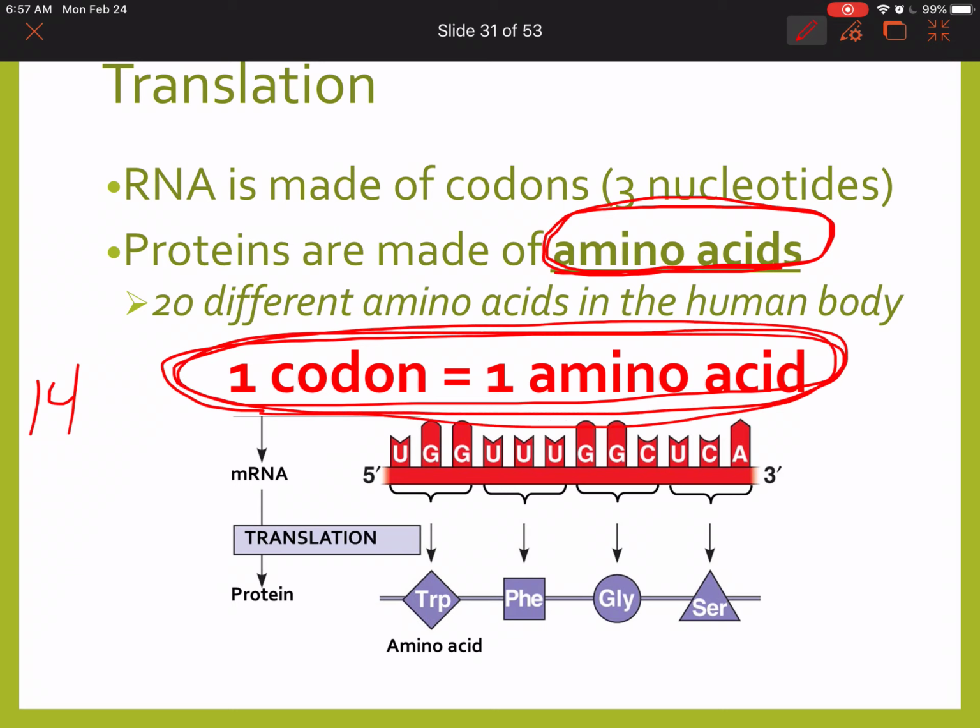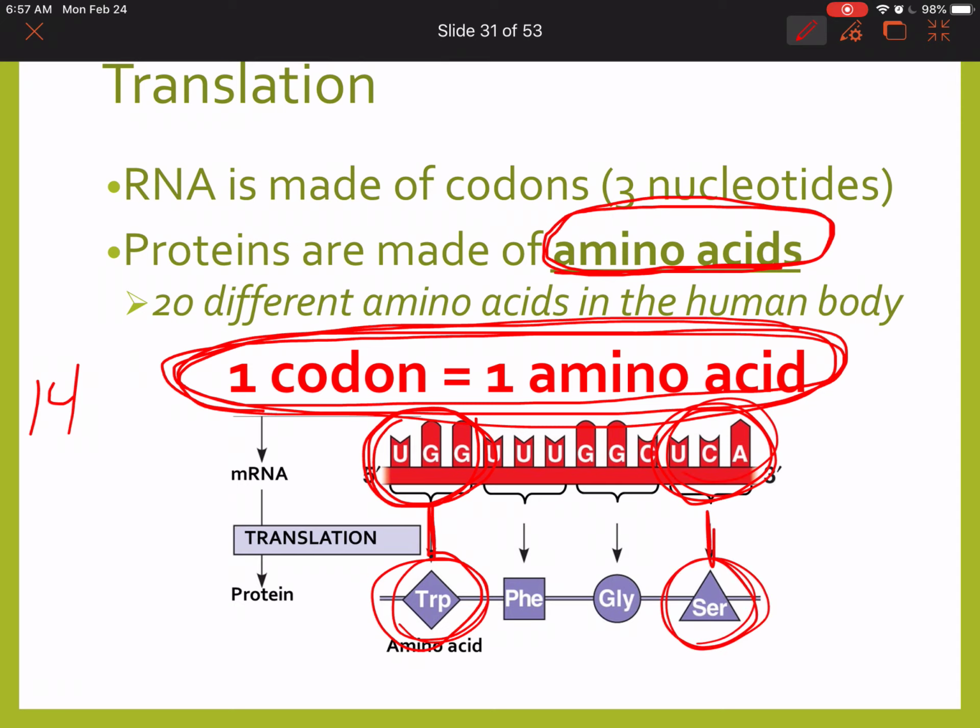So for every 3 letters of nucleotide, we'll get 1 amino acid. UGG, 1 codon, you're getting it, 1 amino acid. UCA is 1 codon. It gives SER, 1 amino acid. All right? So this, to get from RNA to protein, that's the goal of today. If we can do that, we've done a good job.